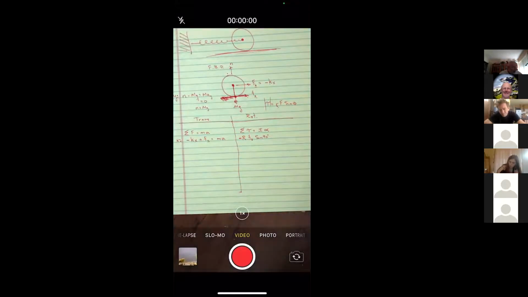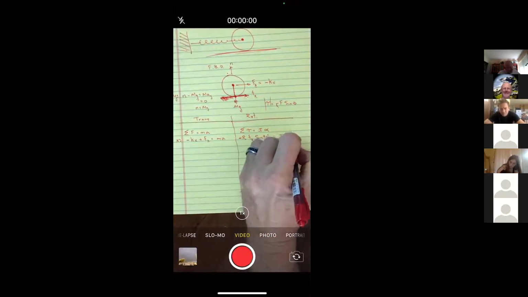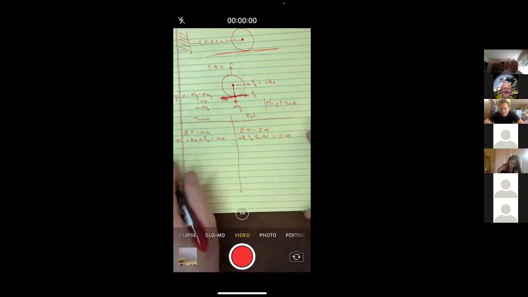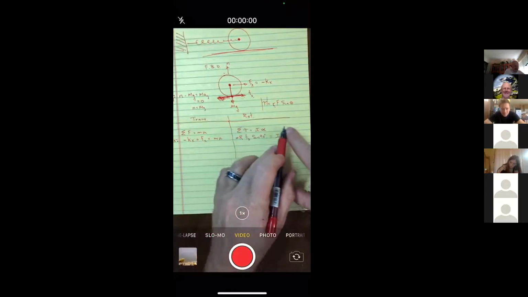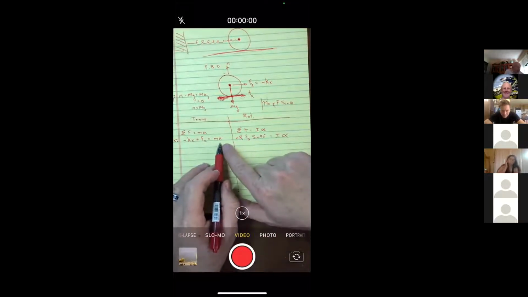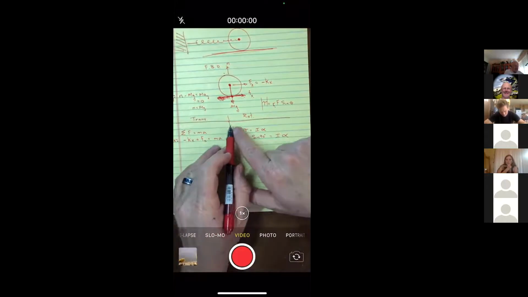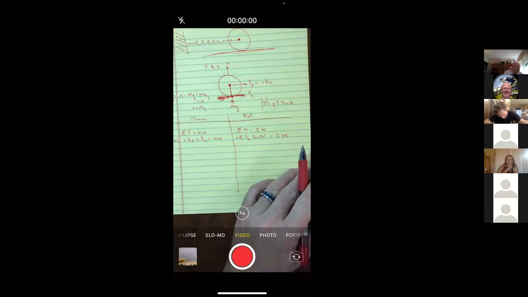I agree, it is opposite of convention, but here's the advantage. The advantage is now a positive translational acceleration matches a positive angular acceleration. And a negative translational acceleration matches a negative. And I like that better.